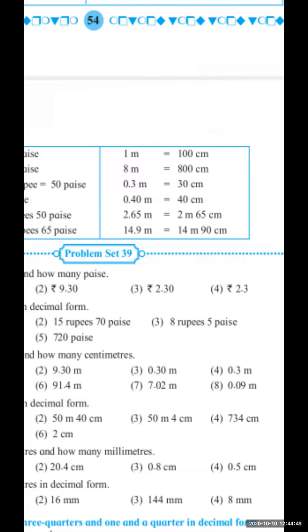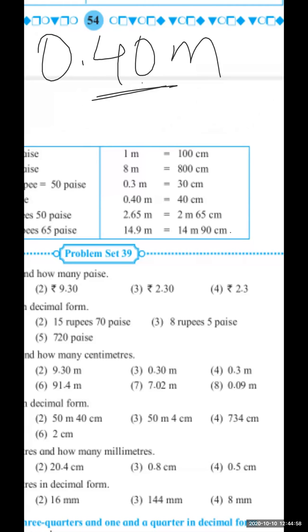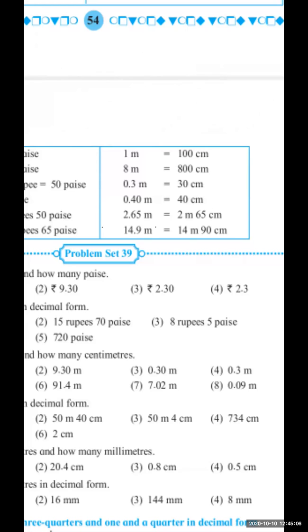Okay. 0.40 meter means 40 centimeter. Now see 0.40 meter. So here after decimal point 2 places are there, so if you multiply this by 100, you are getting 40 centimeter. Same, 2.65 meter equals to 2 meter and 65 centimeter.